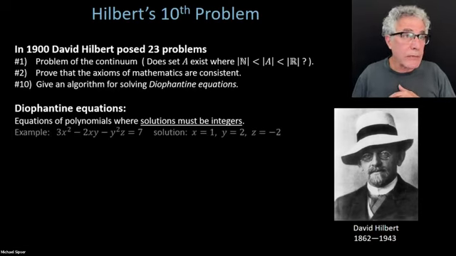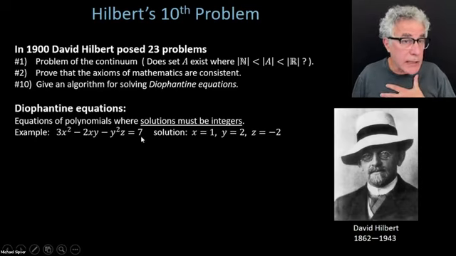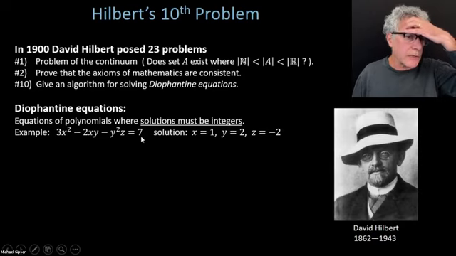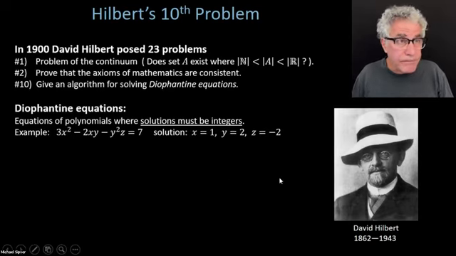So here's an example. Here I give you this polynomial. Here I'm setting it equal to 7, and I want to solve that equation. So it has these 3 variables, x, y, and z. So you have to find a solution there, but I'm only going to allow you to plug in integers. And in fact, there is a solution in integers, 1, 2, and -2. If you plug it in, you'll see it works.